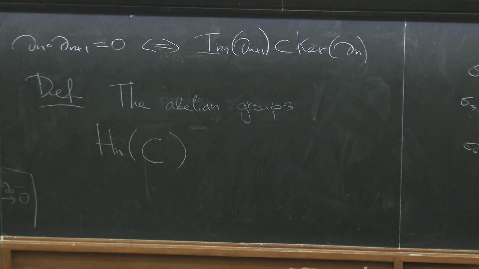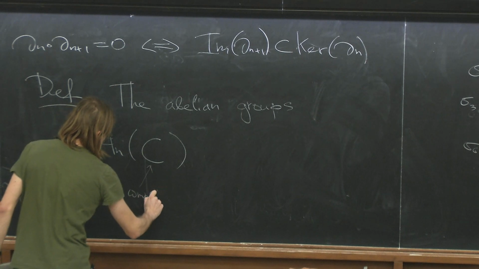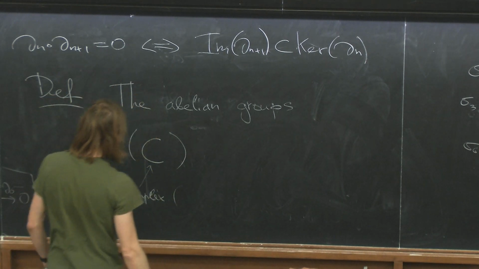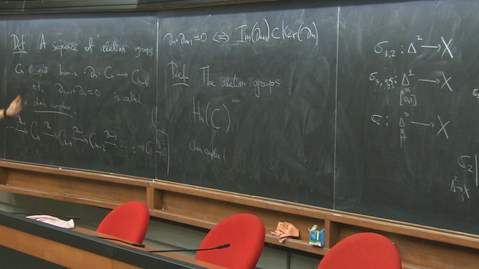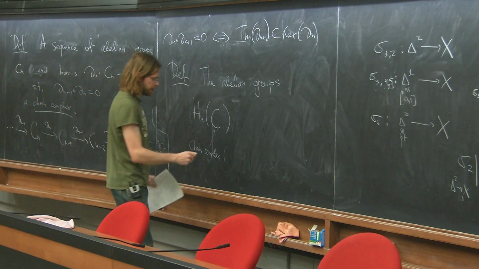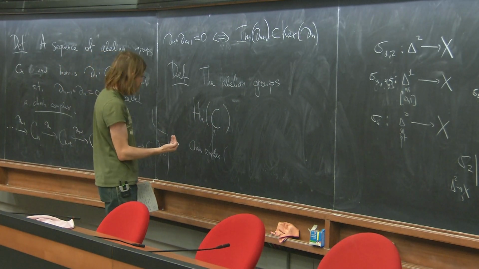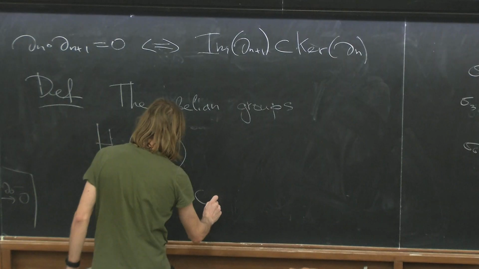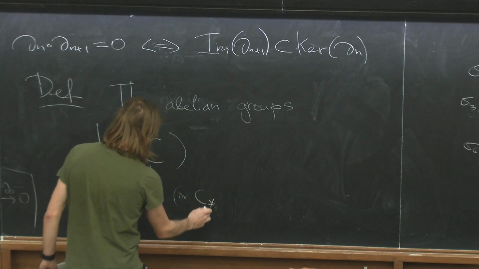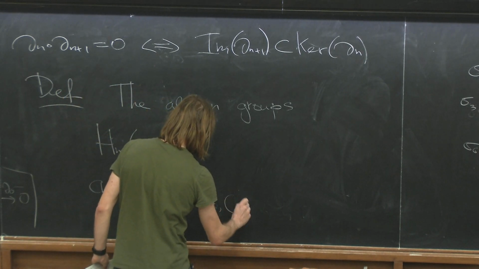So C is our chain complex. Again, a chain complex is a sequence of abelian groups labeled by integers, and the whole sequence is usually denoted by just C, or it can also be denoted by C star, meaning this star can be replaced by any integer, or sometimes it's denoted by C dot.